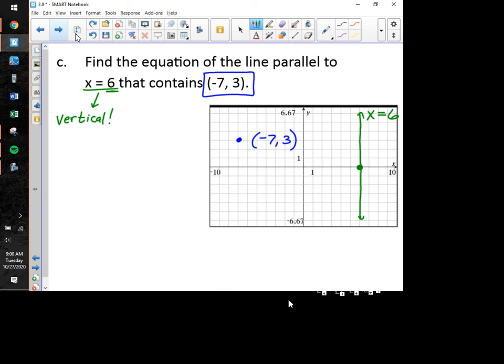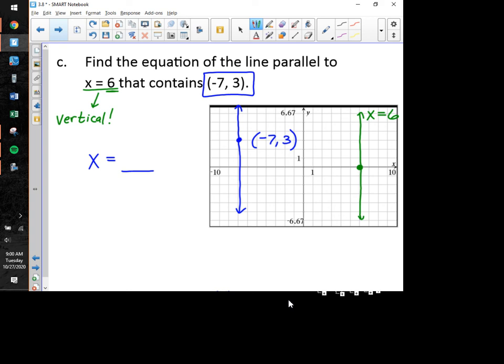And again, there's only one vertical line that passes through -7, 3, and it looks like this. So I know that the line I'm looking for has to be vertical. Since it has to be vertical, the equation of that vertical line has to be x equals some constant. And that constant is what we called a.